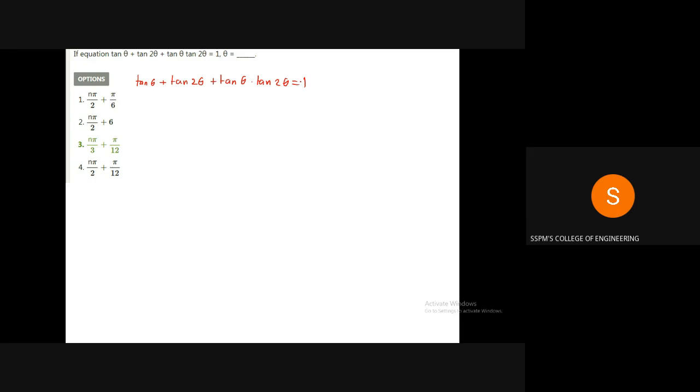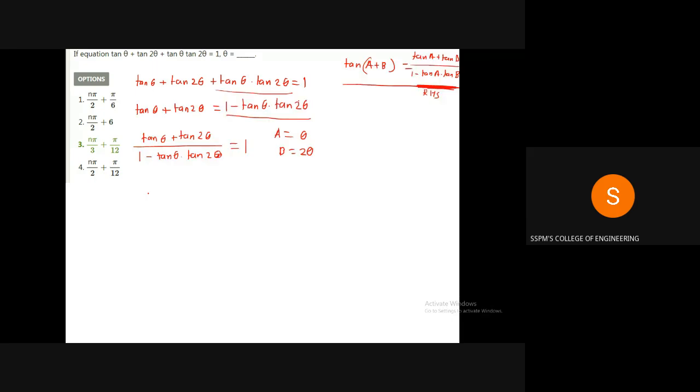Then we divide the whole term to the left hand side, so we get tan theta plus tan 2 theta divided by 1 minus tan theta tan 2 theta is equal to 1. Now the LHS is exactly in the form of this formula. What is A in this form? A is equal to theta and B is equal to 2 theta. So now we will apply this formula here.